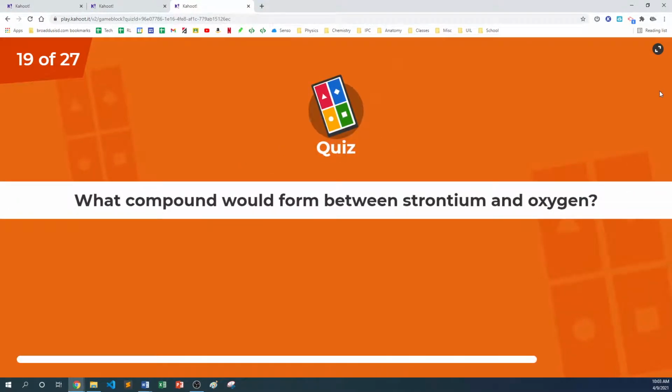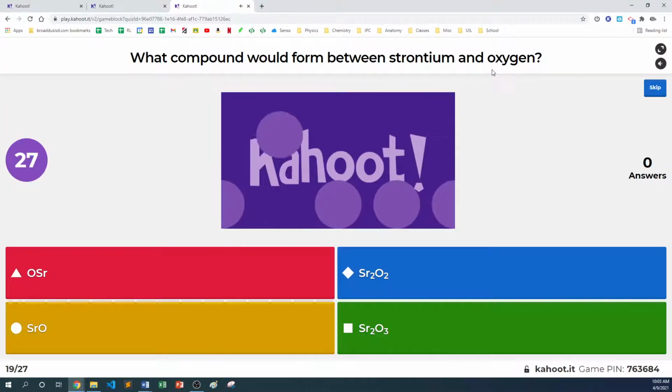What compound would form between strontium and oxygen?